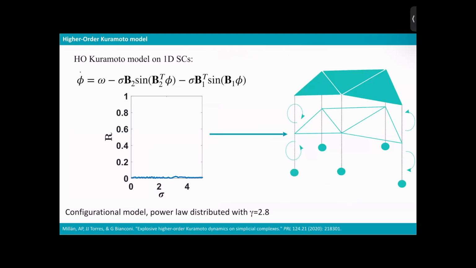So we simulate this model, in this case, for dynamics placed on the edges. And you find that actually they don't seem to synchronize if you look at it in the traditional way of the Kuramoto model, right? So we measure the synchronization between the faces of the edges as one increases the coupling, and they don't really seem to synchronize. What happens?